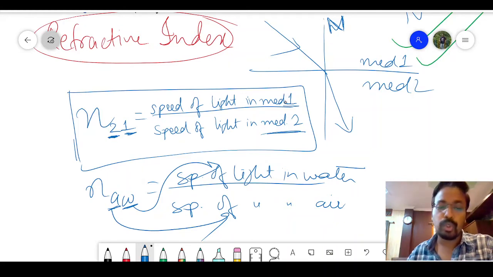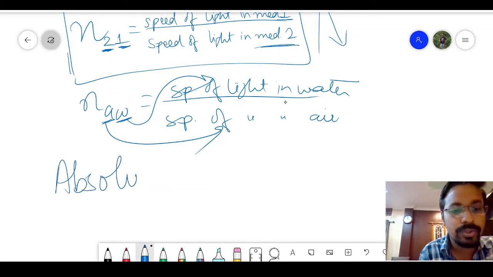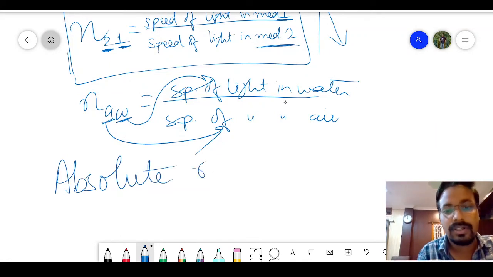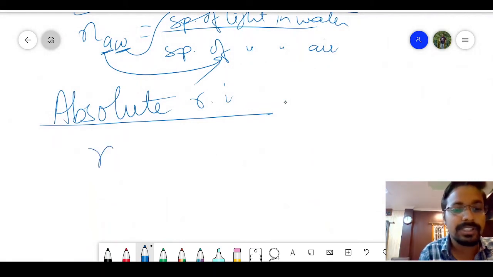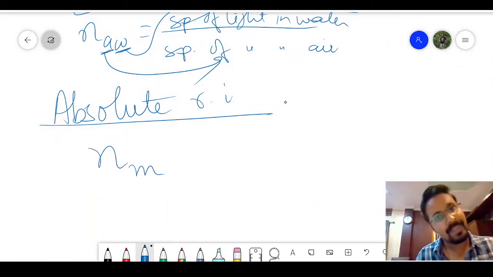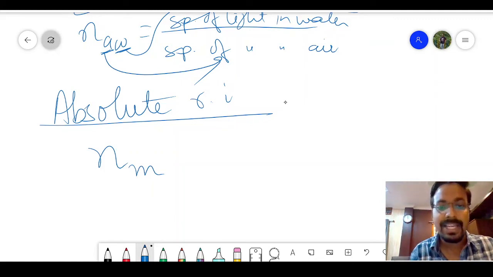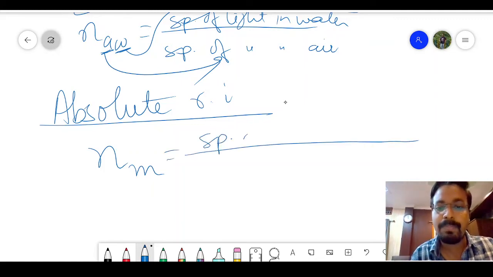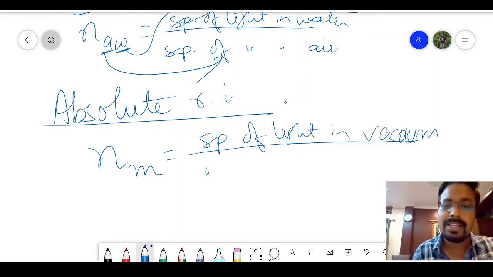Okay. So if we try to find the absolute refractive index, how do we do this? Refractive index. RI means refractive index. So absolute refractive index, suppose refractive index of a medium M. Refractive index of a medium M means it is the absolute refractive index of the medium is equal to speed of light in vacuum by speed of light in medium.